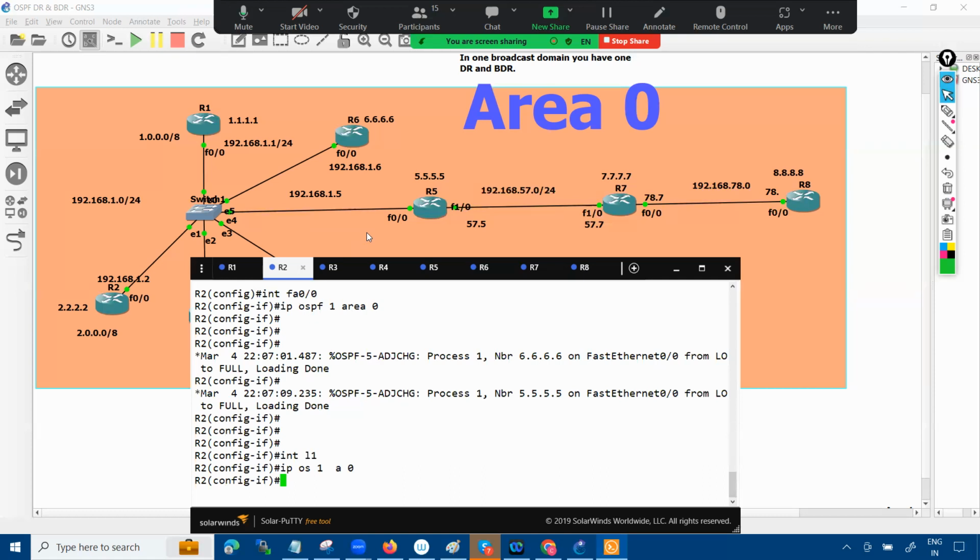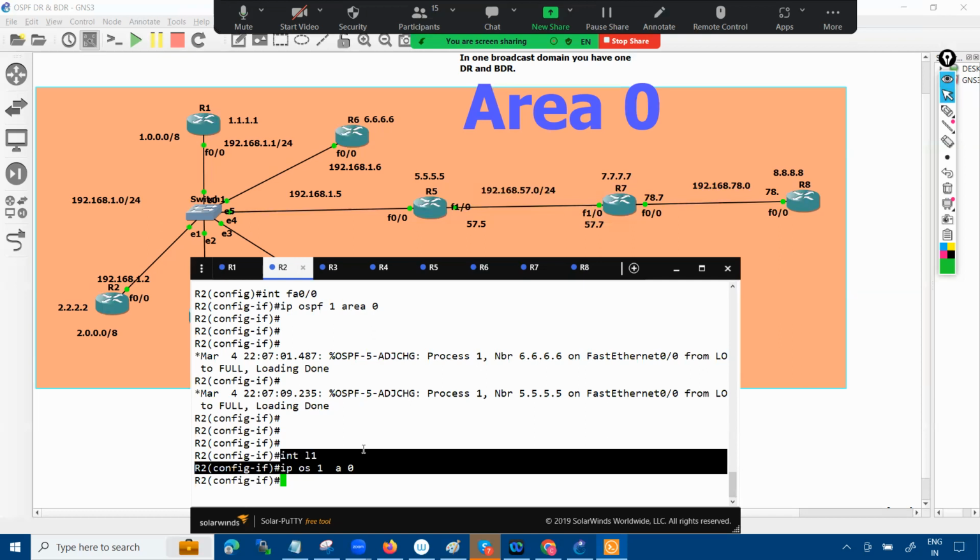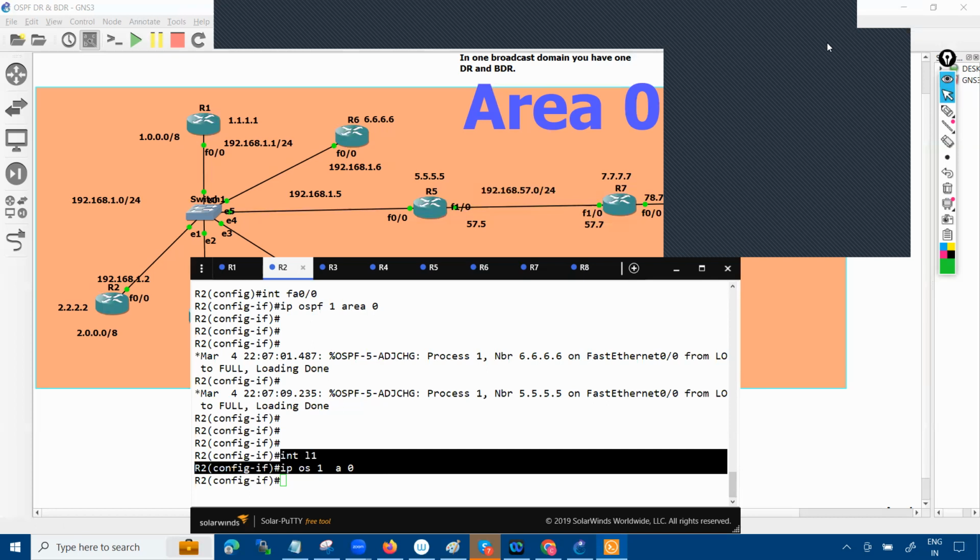It joined the multicast group. Same command, it enabled the interface into the particular routing protocol.